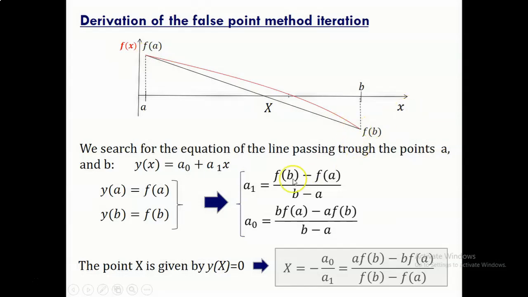Now, the equation of the line is given by a0 plus a1 x, such that y of a is equal to f of a, y of b is equal to f of b. Solving this system of equations gives a1, the slope, equal to f of b minus f of a over b minus a. a0 is equal to b f of a minus a f of b over b minus a.